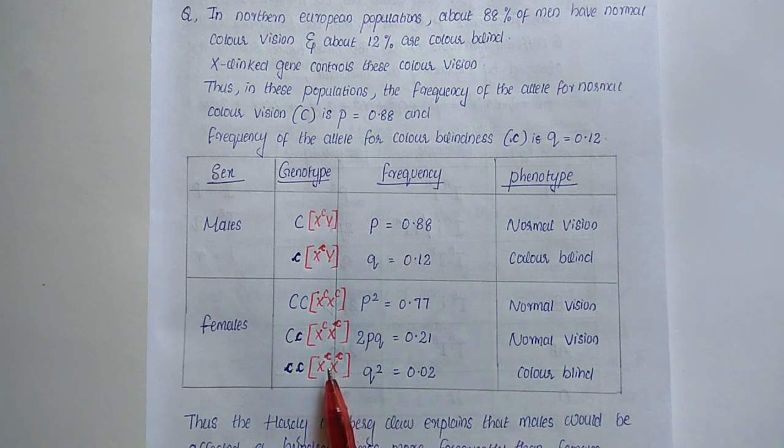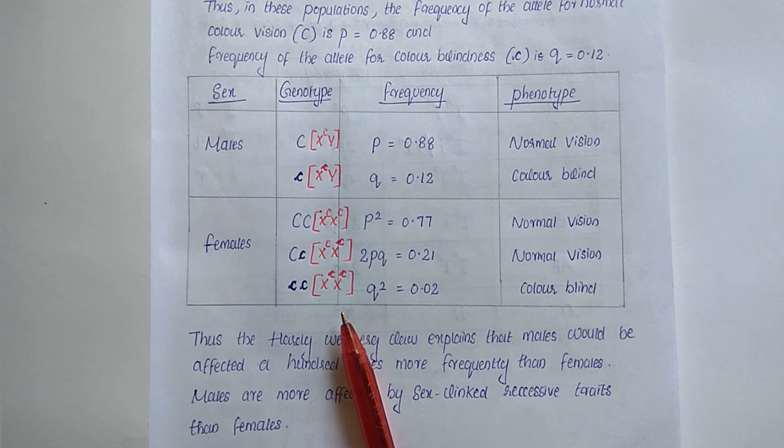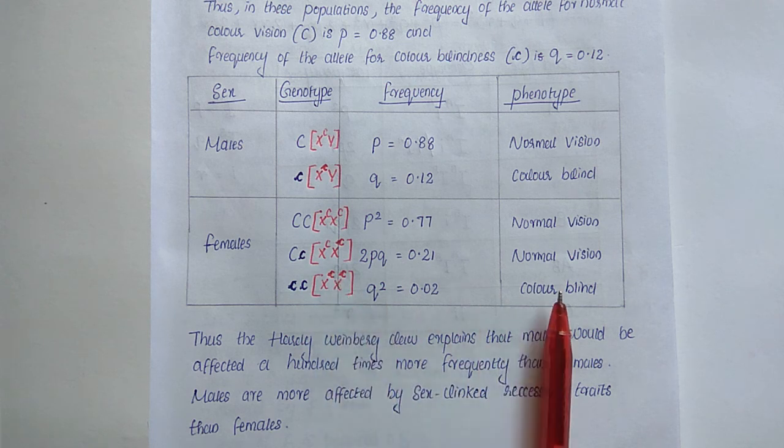And in the homozygous recessive condition, where both X chromosomes carry the recessive allele, the frequency is q squared, that is 0.02, and she is color blind. Thus, a female is color blind only when both X chromosomes carry the recessive allele.